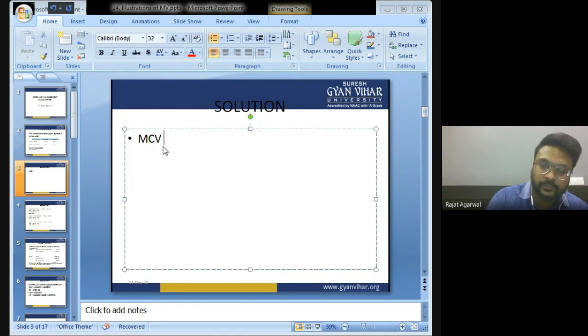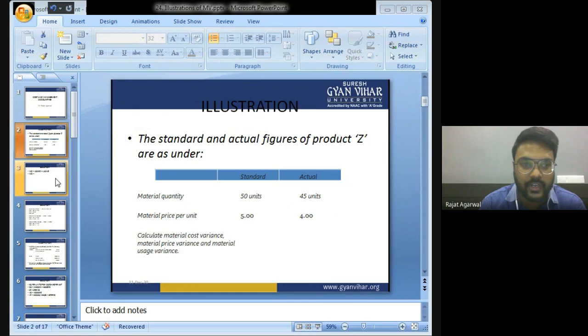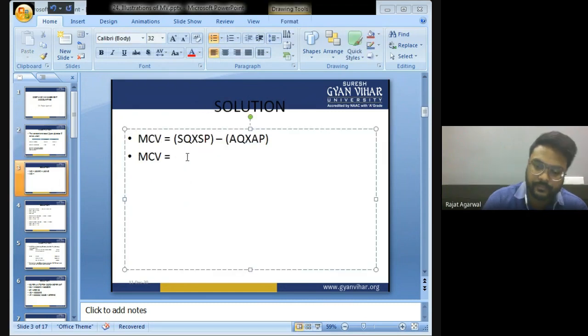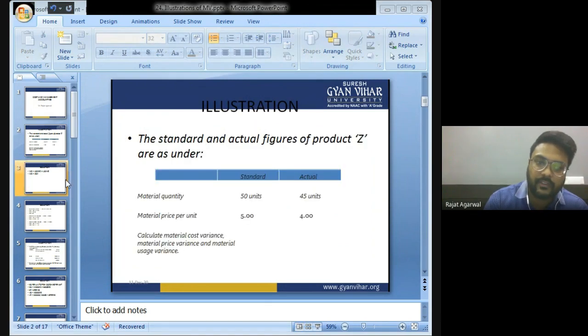Material cost variance. Formula is standard quantity into standard price minus actual quantity into actual price. Standard quantity is how much? Standard quantity is 50 units. Standard price is 5 rupees.